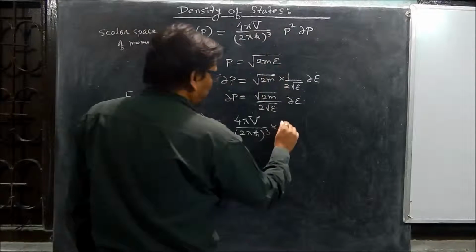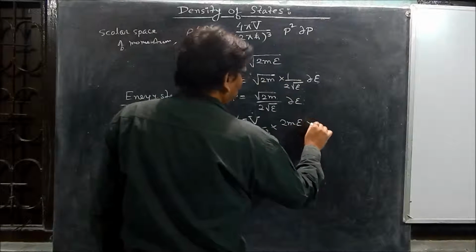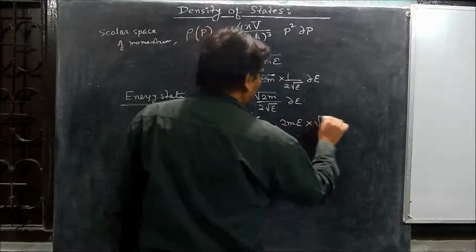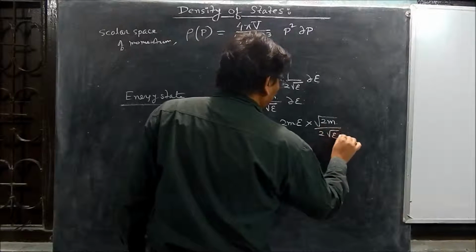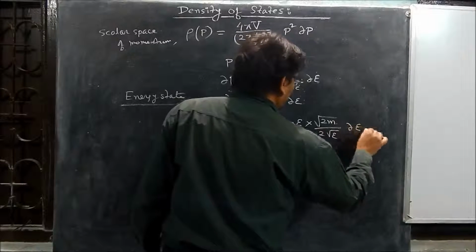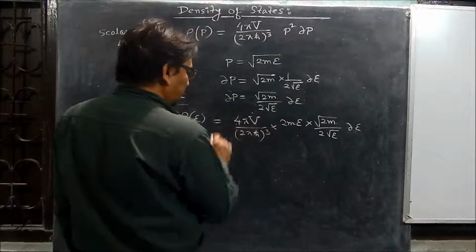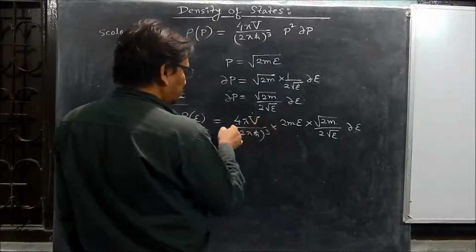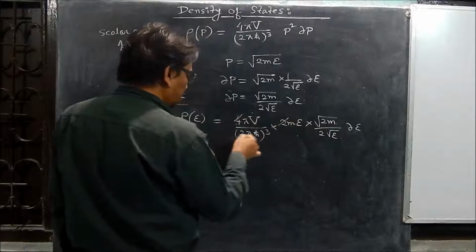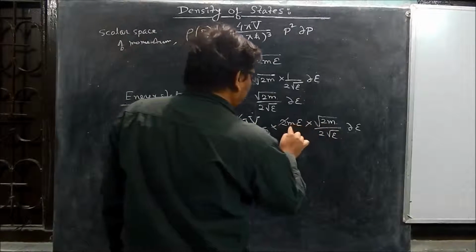The value of p square will be 2m epsilon into root under 2m by 2 root under epsilon and d epsilon. Now you can see that 4 into 2 is 8, and this will be 2 cube, so 8. So this 8 and this 8 will cancel.